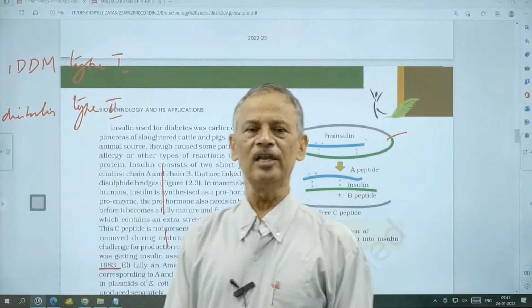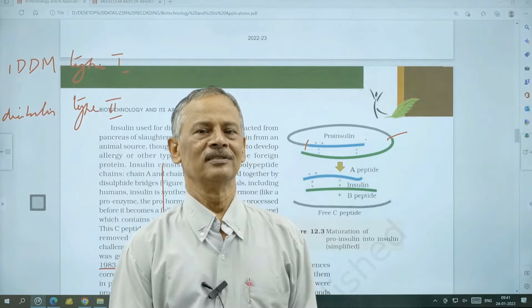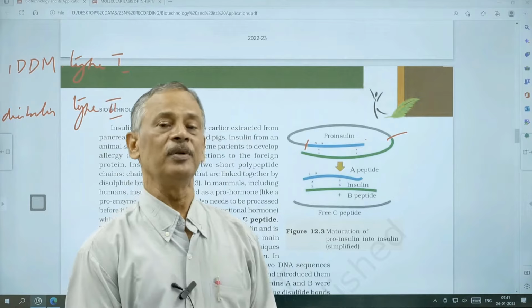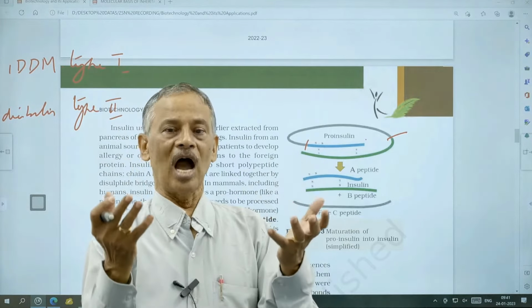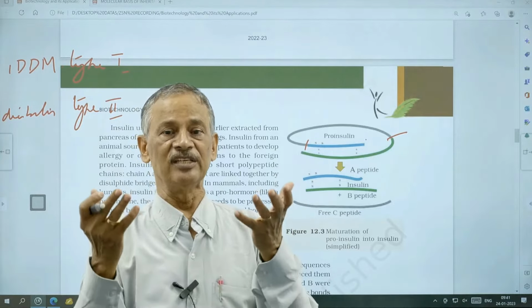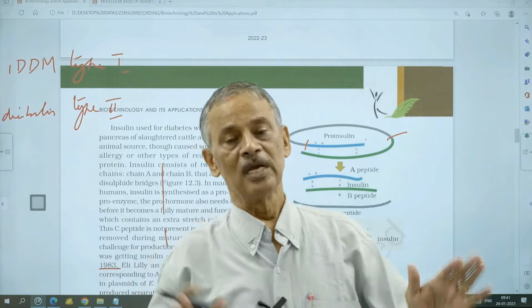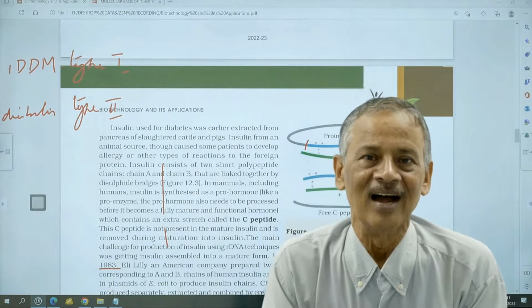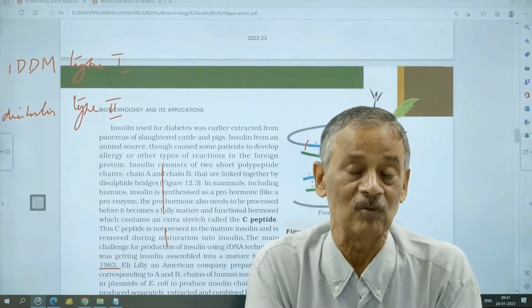So Eli Lilly prepared artificial DNA for making alpha chain and beta chains separately. These two artificially prepared DNA, that is genes, were given to two different strains of E. coli. They were all cultured and they produced alpha chains and beta chains successively.